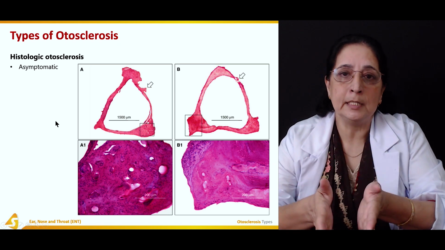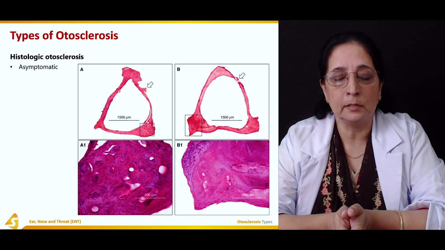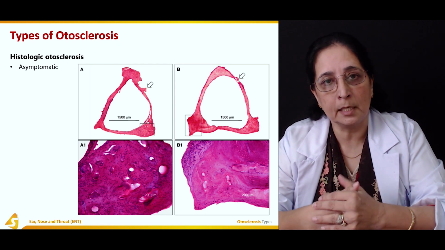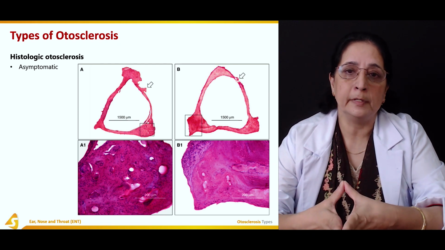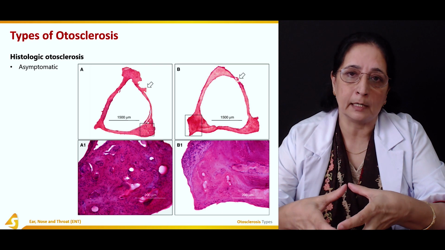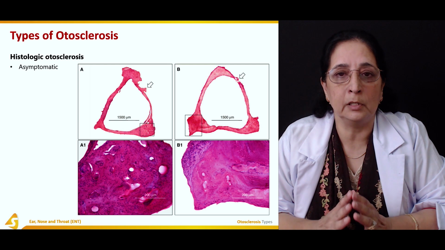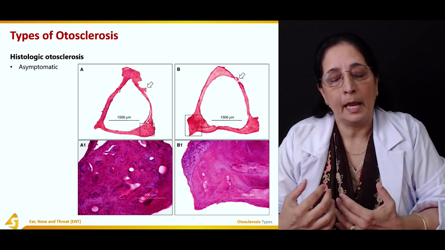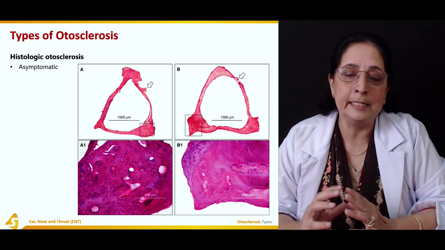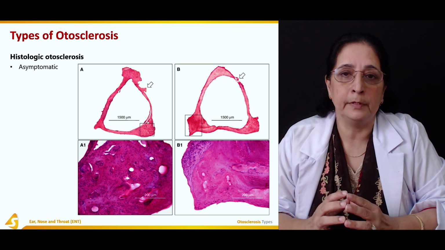So all these three types you saw have differences. In stapedial otosclerosis, the stapes is involved, mainly the middle ear. Fixation of the stapes occurs and leads to conductive deafness. In the second, cochlear type of otosclerosis, the inner ear is mainly responsible; any damage to the inner ear leads to sensory neural type of deafness because of the involvement of the nerve.